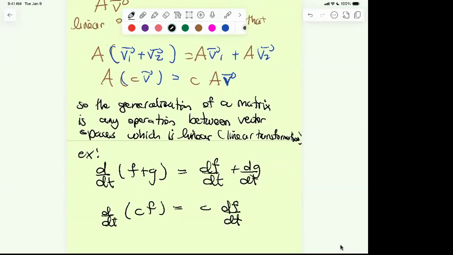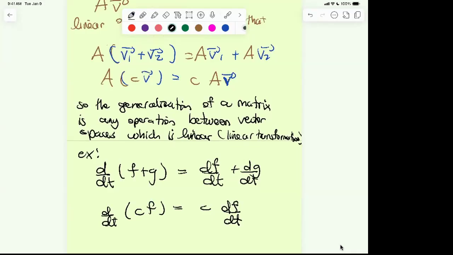That's why, in differential equations, we sometimes use the operator method, because the derivative is a linear transformation. So in a sense, it's a generalization of a matrix, and if you choose a basis, then you can represent the derivative as a matrix.